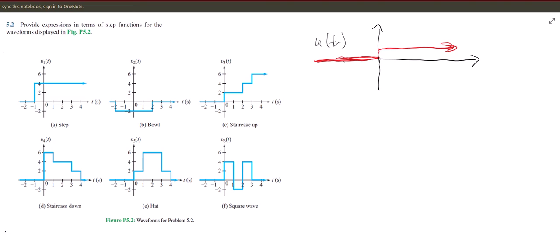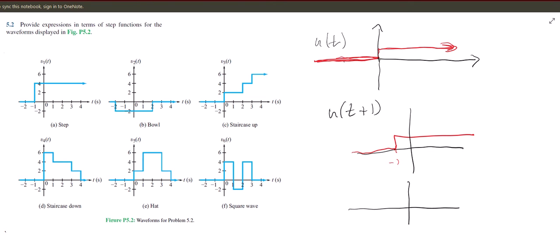And so, for example, u of t plus 1 shifts the graph to the left by 1. So that would look like this. Whereas u of t minus 1 shifts the graph to the right by 1. So that's u of t minus 1.